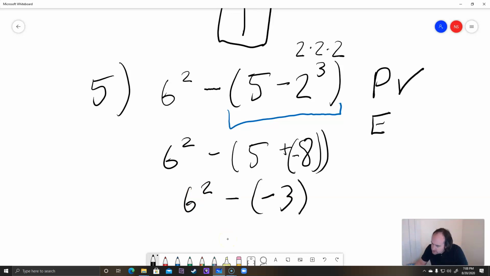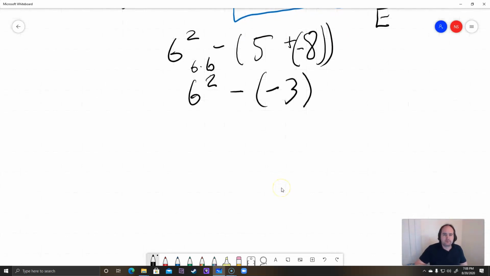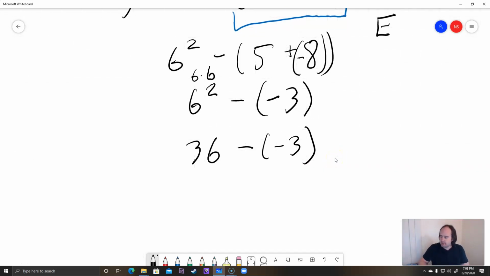Okay, so exponents is going to be 6 squared, and 6 squared is the same as 6 times 6. And I think we all know that 6 times 6 from our times tables is 36. Okay, so we get 36 minus negative 3. Okay, and that's actually going to take care of the exponent step. So now we're done with exponents. All right, and then we have 2 more steps.